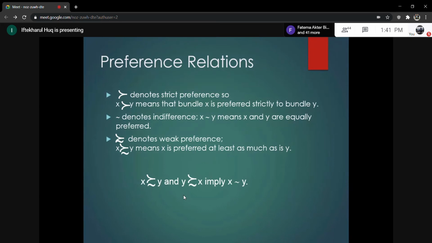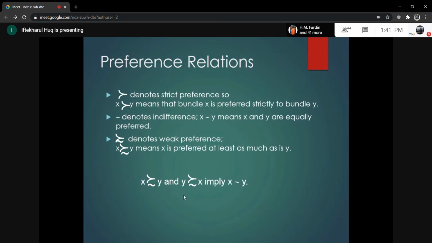All I'm saying is, you are given two bundles, two packets. You open up the packet, you see that inside there are different things in these two packets, and then I'm going to ask you, which one do you prefer?